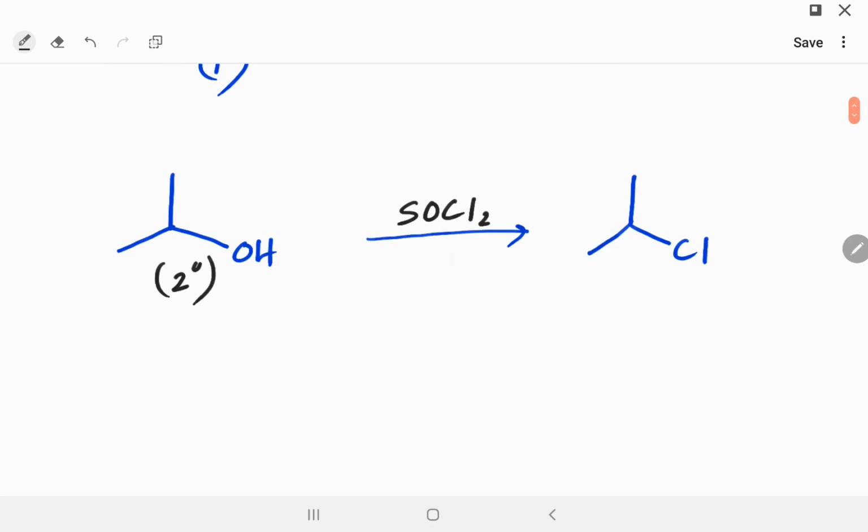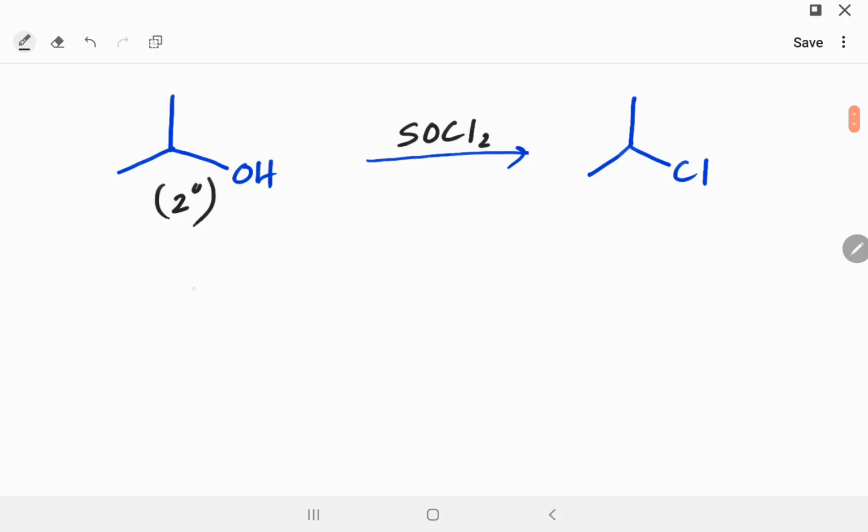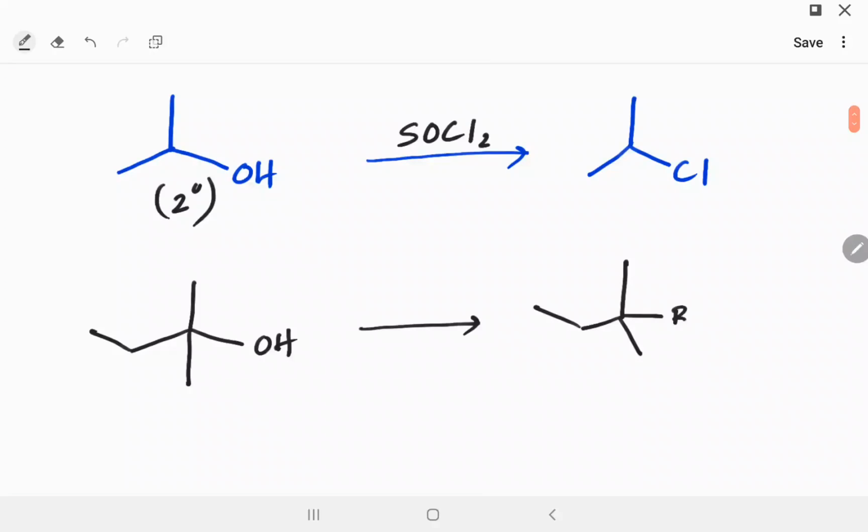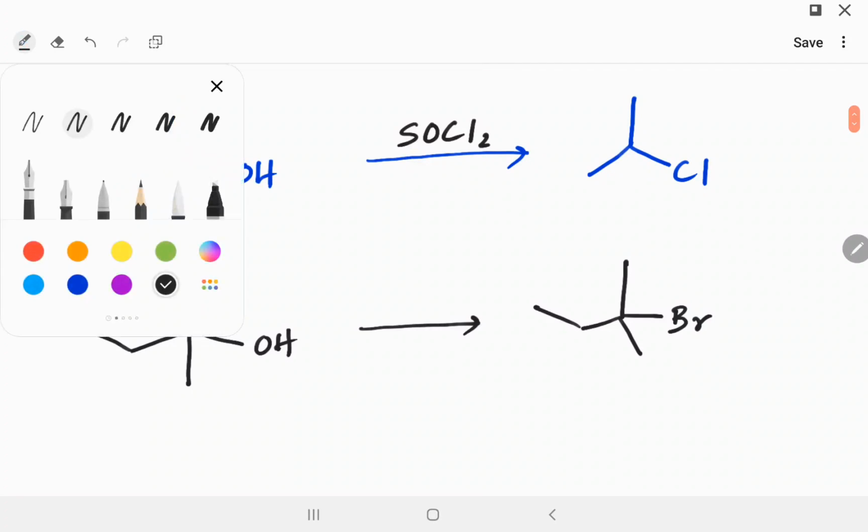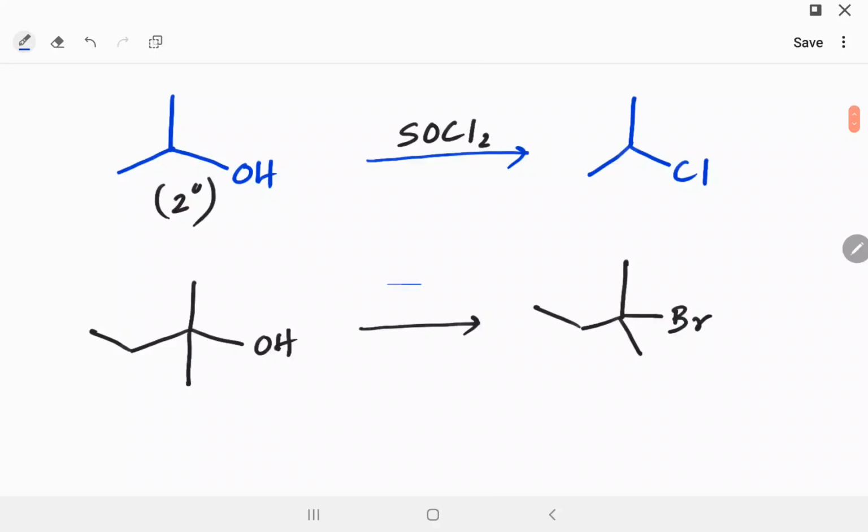But of course, if you have a tertiary alcohol, something like this, here is a tertiary alcohol. If you want to get the alkyl halide from this one, then it would be a little bit easier. You simply have to use what? Here you will use HBr.